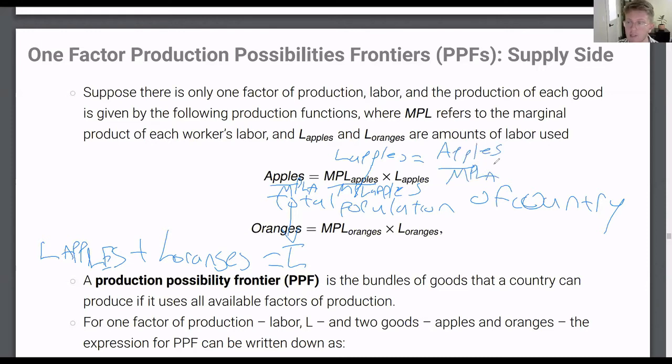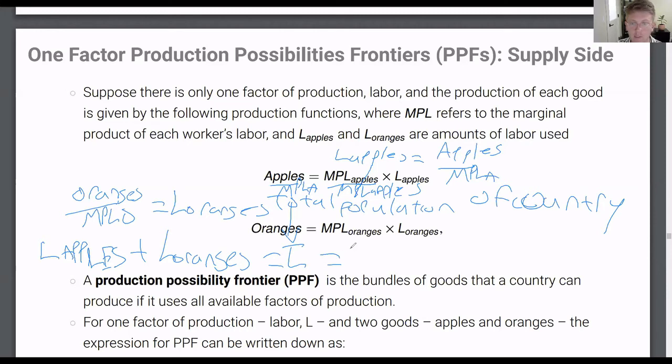In words, if we know how much output each worker can produce, and we know the number of apples produced, then dividing the number of apples by how much each worker produces gets us back to the number of workers. Likewise, we can do the same thing with oranges. We divide on both sides by MPL oranges, or MPLO, and oranges over MPLO gives us the number of workers working in oranges.